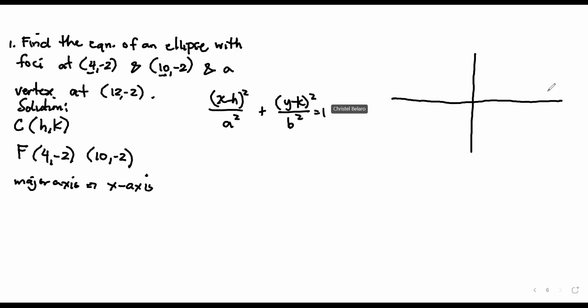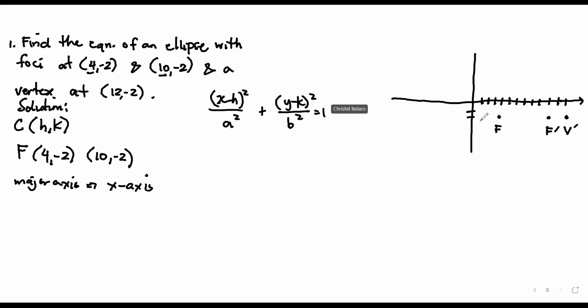Graph muna natin. For negative 2, 1, 2, 3, 4. For negative 2 and 10: 4, 5, 6, 7, 8, 9, 10. Negative 2. That's the foci. One of the vertices is (12, -2): 10, 11, 12.